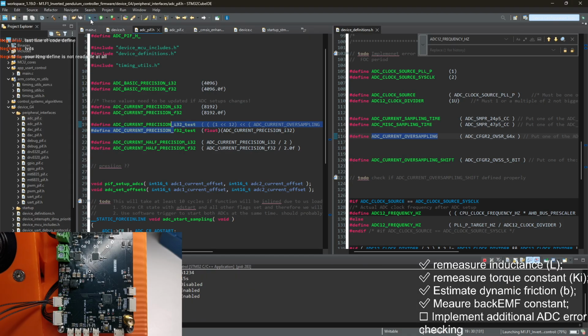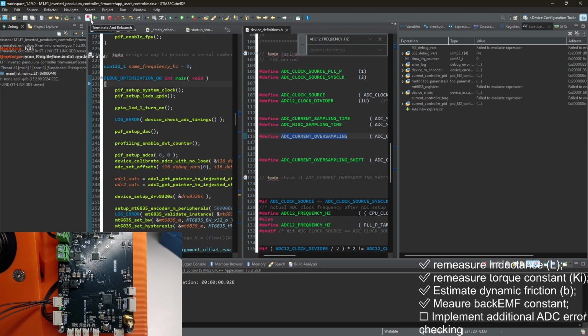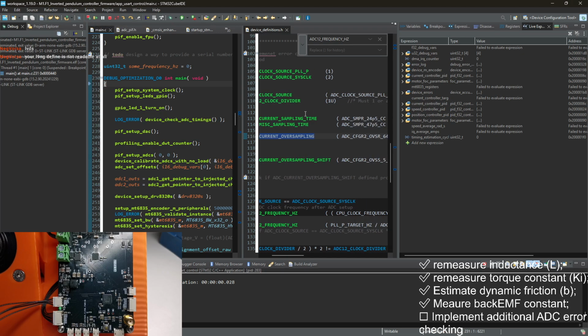Your length define is not readable at all. What do you mean by that? What is not readable? Length define. What do you mean? Should I increase the size of something? Do I suck?